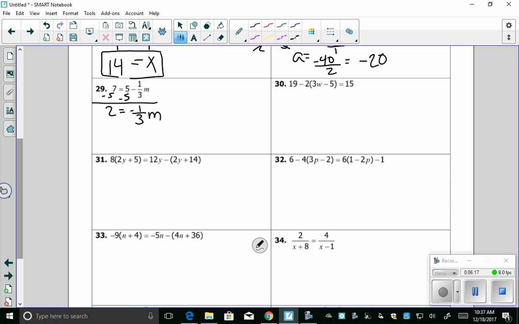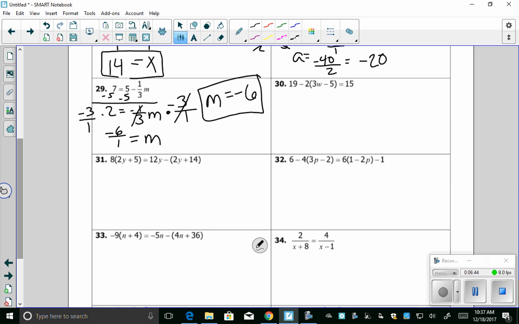Remember, the inverse of division is multiplication. So I'm going to multiply by the reciprocal, which in this case is negative 3 over 1. So that my fractions will cancel out, and I'm left with m equals negative 3 times 2 is negative 6 over 1. Simplify that, and I get m is equal to negative 6.